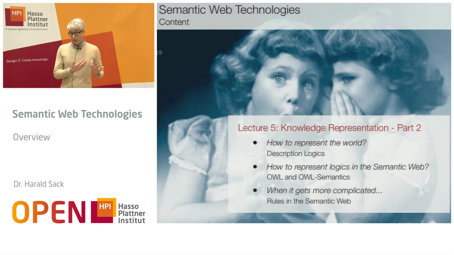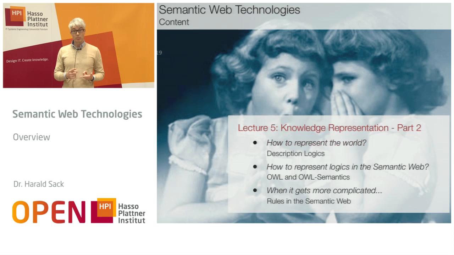And of course, there might also be situations where this simple description logics is not sufficient to express facts that are much more complicated, to express rules, for example, if-then-based rules. And for that, we need special additional rules for some cases to represent knowledge that we are not able to represent with all the stuff that we had already talked about.